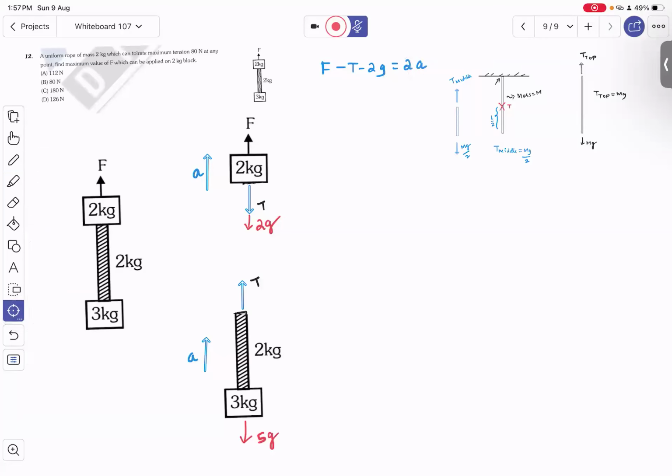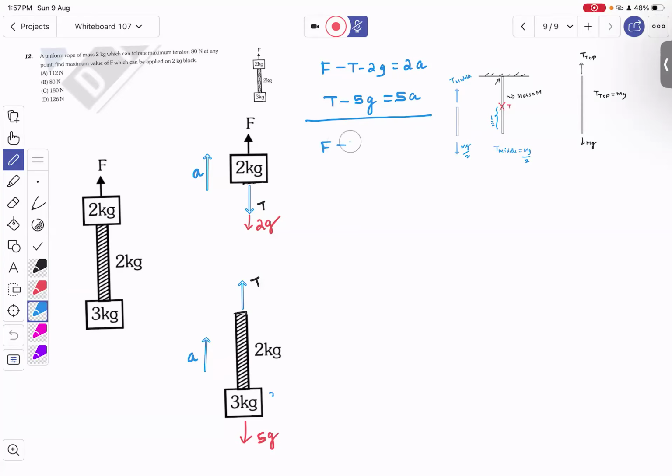For this one, I have T acting upward and 5g acting down. And all together, they are going with an acceleration a. What would be the total mass they have? 5 kg, no? So we have T minus 5g is equal to 5a. What we will do next is solve these two equations to find T and a. If I add these two, the T will get cancelled, and we get F minus 7g is equal to 7a.